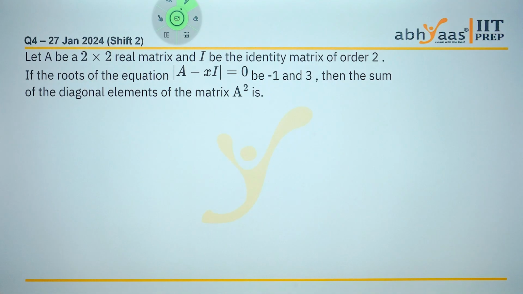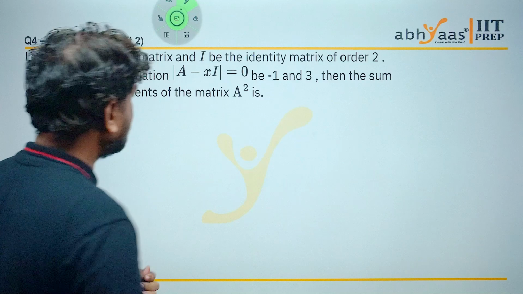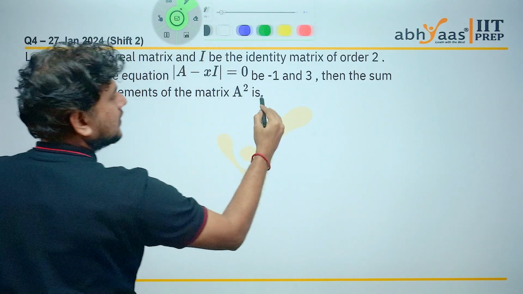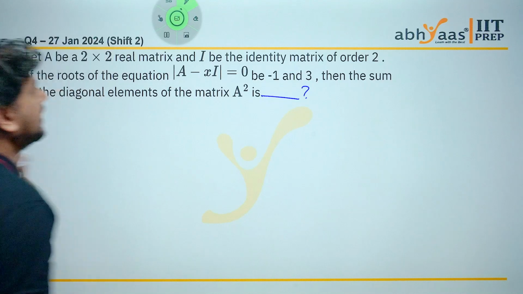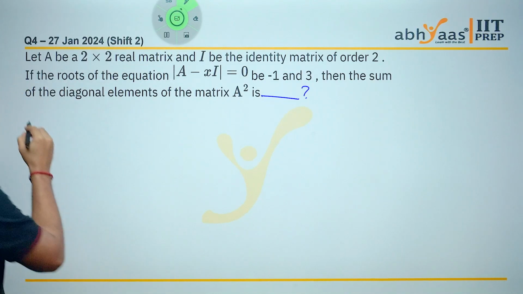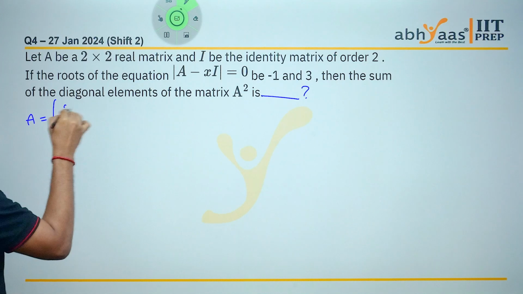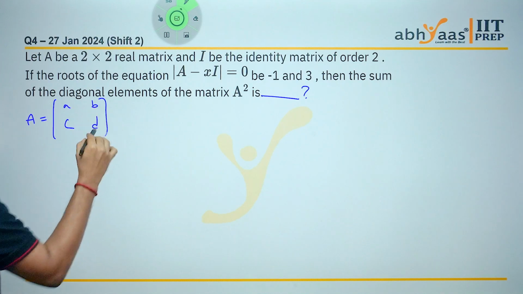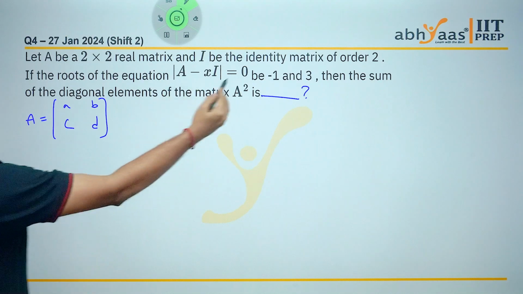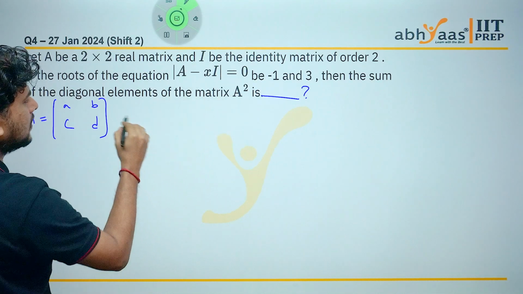Then the sum of the diagonal elements of matrix A square is what? Is how much? We have to find the value. So let A be a real matrix, say A equals AB, CD. And X is an identity matrix, and det of A minus XI equal to 0.